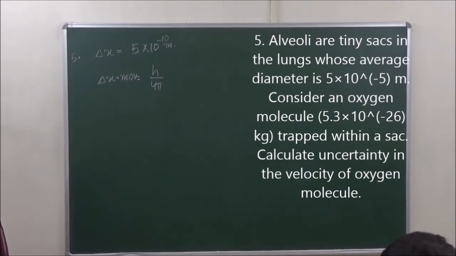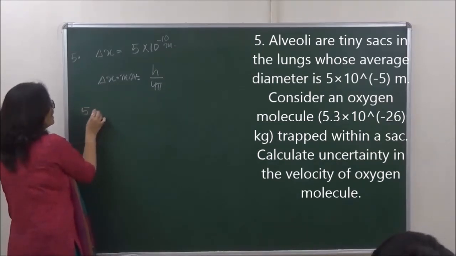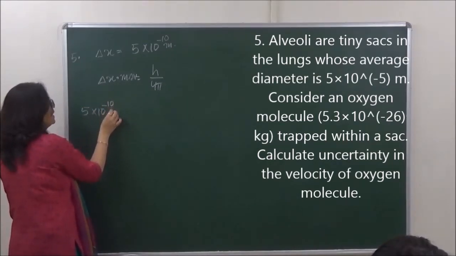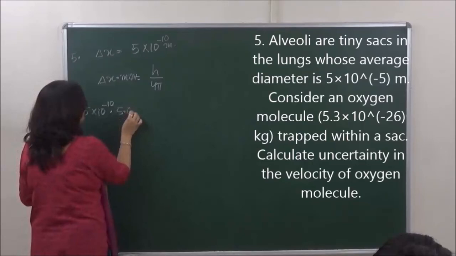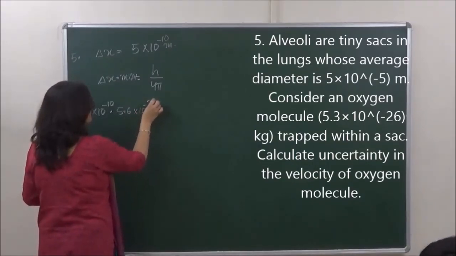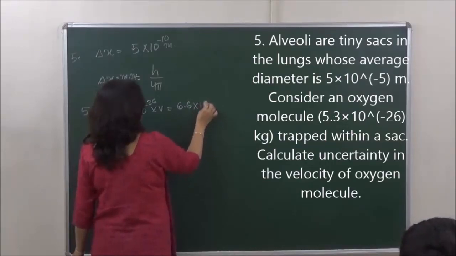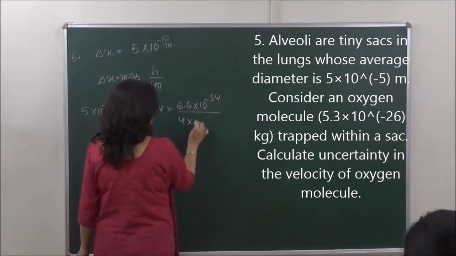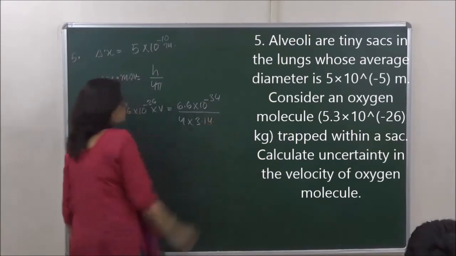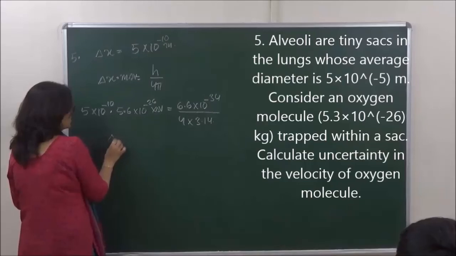And we have to calculate what? We have to calculate delta v. So let's put down the values. 5 into 10 raised to power minus 10 into m, given to us as 5.3 into 10 raised to power minus 26. These are the values, right? So what is the value of delta v now?